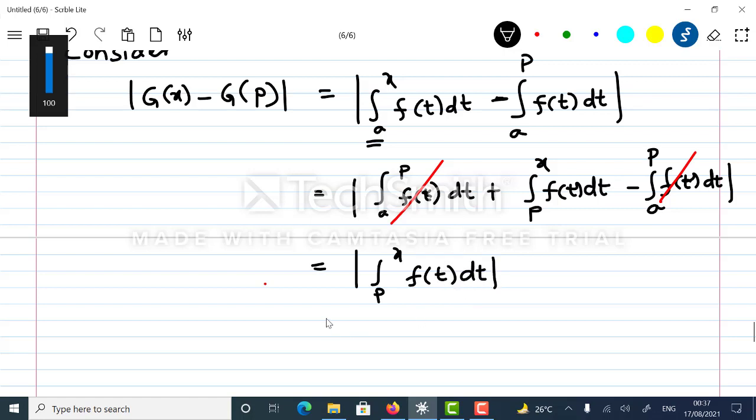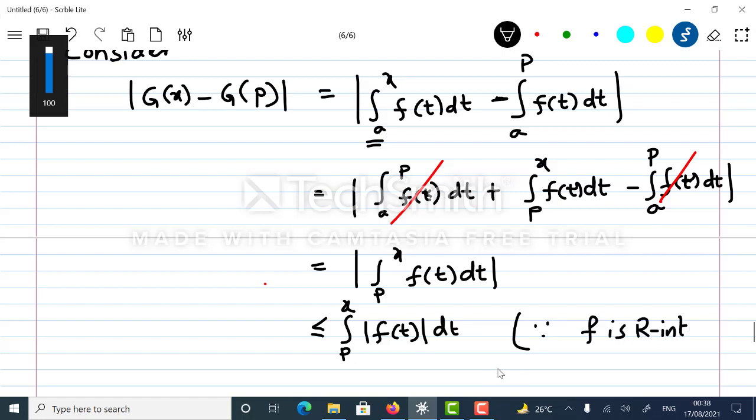Now again f is R integrable, so modulus of f is also R integrable. So according to mod, this will be less than or equal to, and this will come inside. Since f is R integrable, it implies mod f is R integrable.